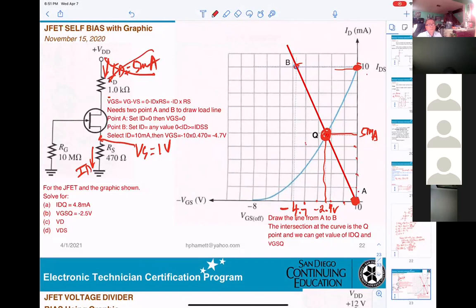That's what puts a curvature in it versus a straight line from 10 to -8. Yes, it's a square law device. If Mr. Pham can go back to the basic equation for ID, you'll see that it's a ratio squared. So that's why it's not a straight line.